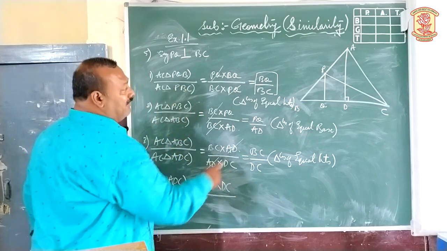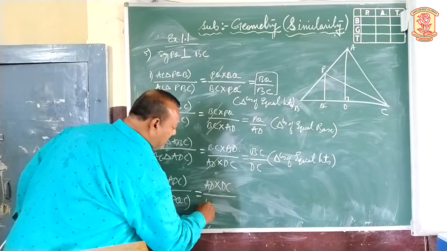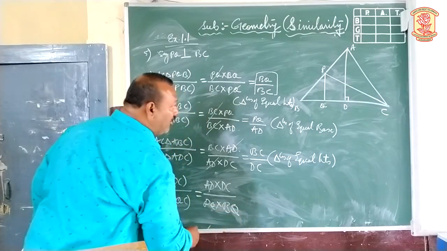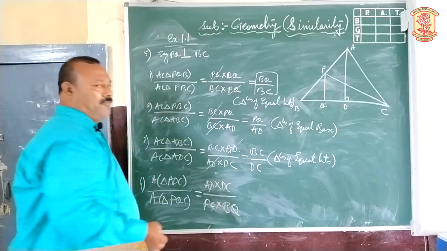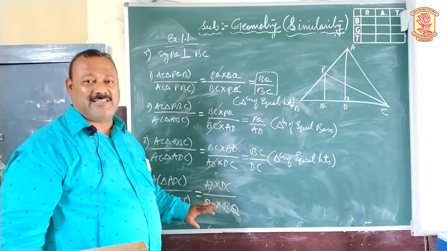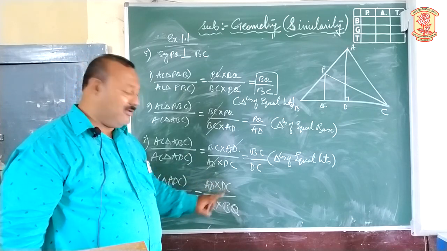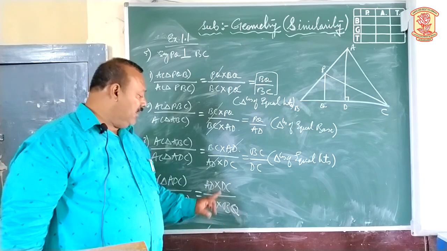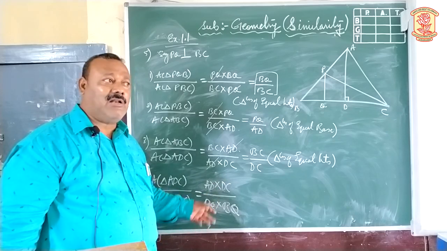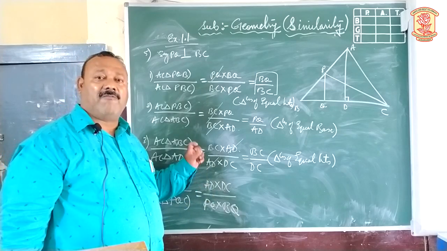In PQC, altitude PQ, base BQ, therefore it is PQ into BQ. In the fourth bit, neither the height nor the base is equal in both. The products are AD into DC and PQ into BQ. Can you see any base that is equal? No. Any altitude that is equal? No. Therefore, areas are proportional to the product of base into height.